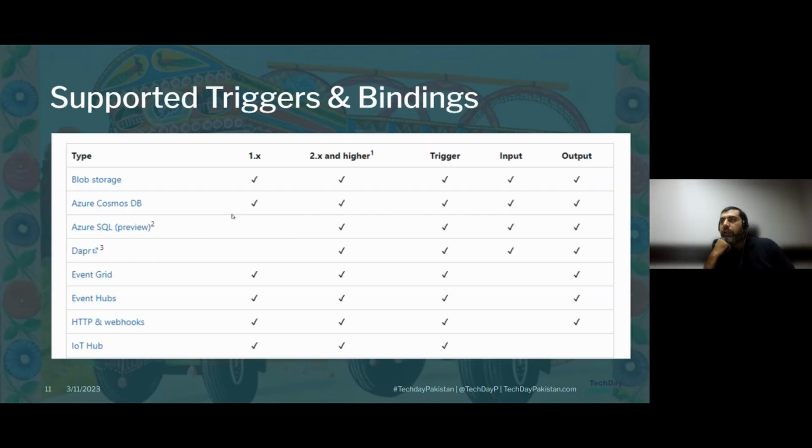As we mentioned, a function is just a function. You need to execute that function, and that execution happens based on some triggers, some event, right? A lot of triggers and bindings are already available. HTTP is a very simple example. If you want to access your function through an HTTP endpoint, you can use this binding.